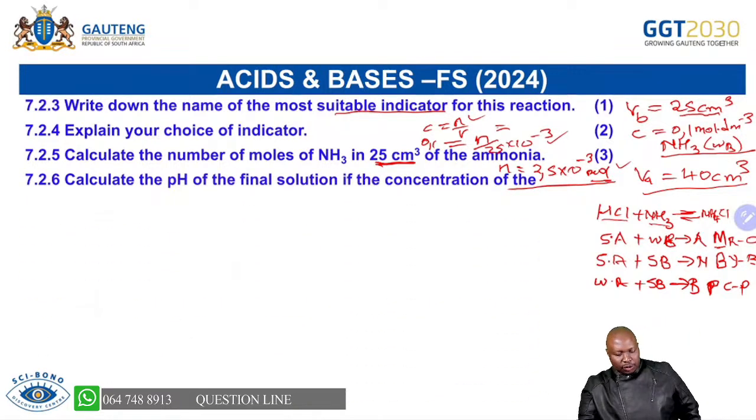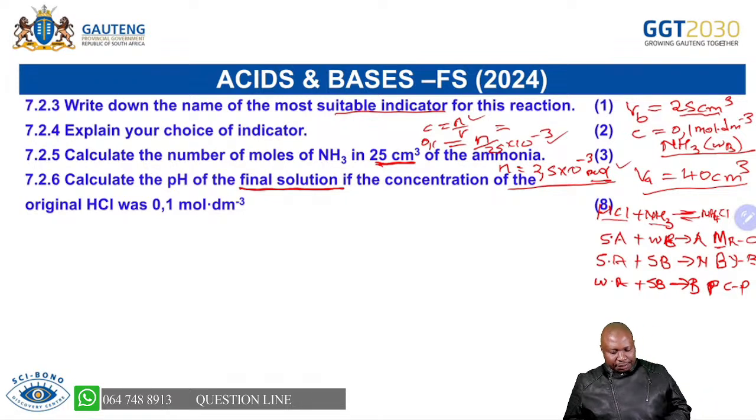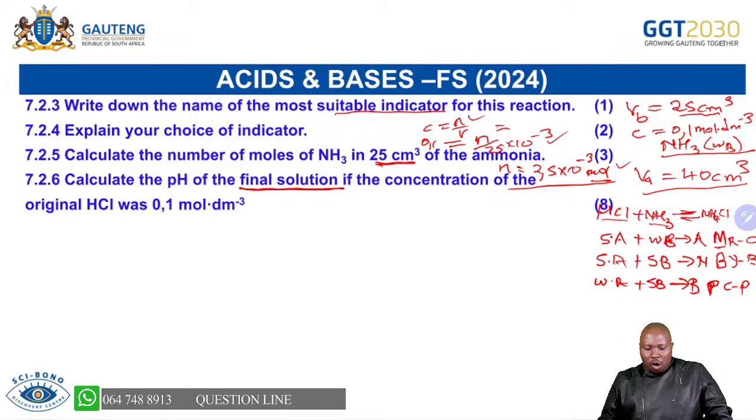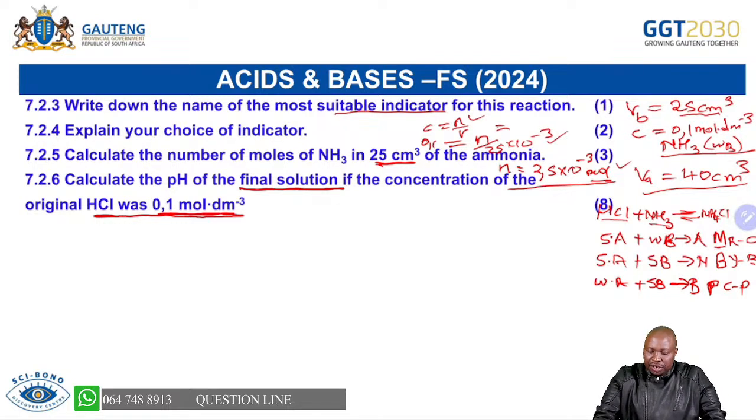Now, here's the question. The question is coming now, worth 8 marks. The question is saying calculate the pH of the final solution. You see the keyword there: the final solution, not the initial solution. If the concentration of the original HCl was 0.1, so they gave you the original, but they are saying now calculate the pH of the final.